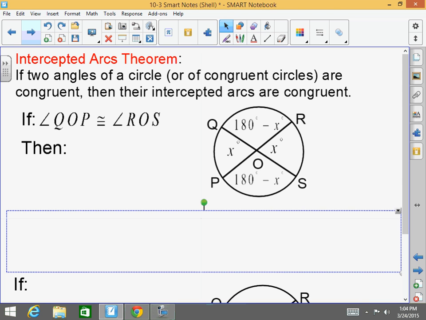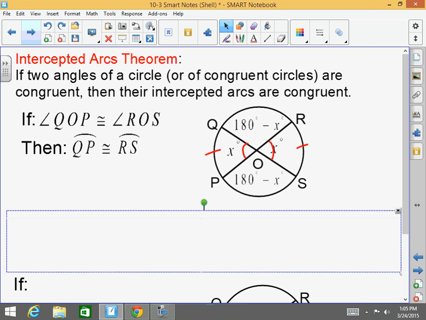So we already saw this in the central angle theorem. If angle QOP is congruent to angle ROS, then that means arcs QP and RS are congruent.